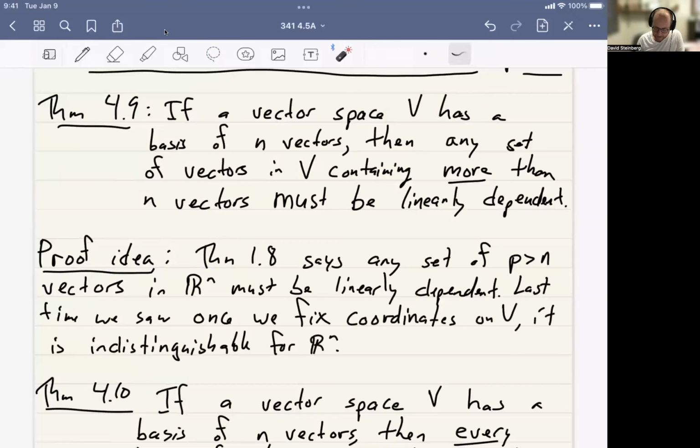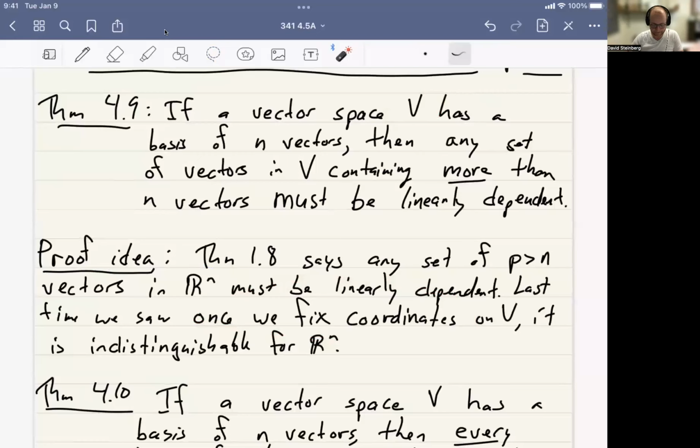But this is a big caveat, right? Fixing coordinates is a thing. There's a bunch of different ways you can fix coordinates. So it isn't just that every vector space is Rn. It's that any vector space with coordinates looks just like Rn.